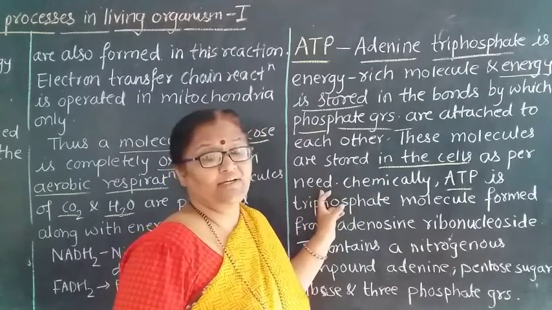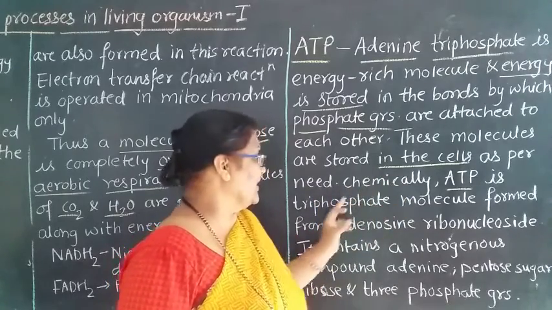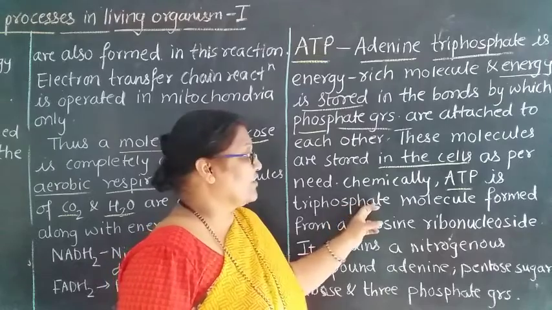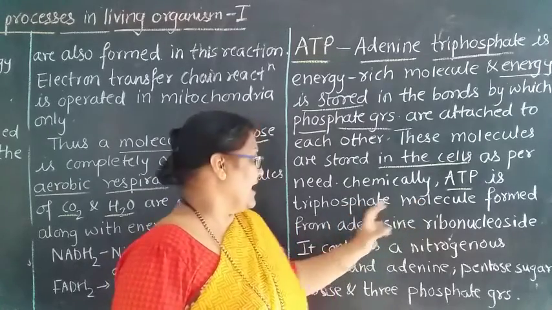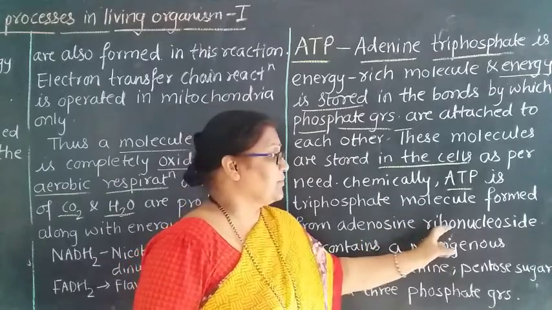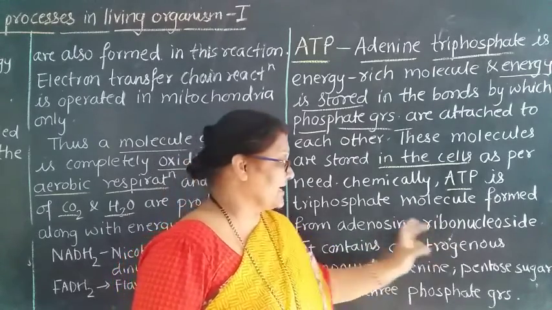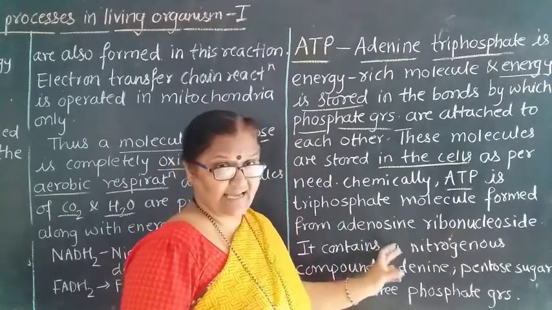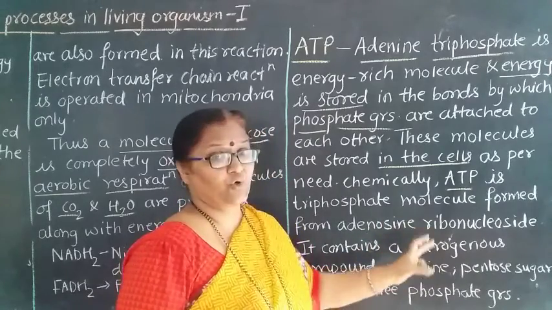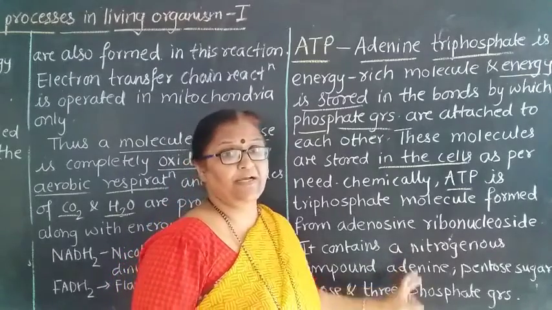Chemically, ATP is a triphosphate molecule formed from adenosine ribonucleoside. It contains nitrogenous compounds like adenine, the pentose sugar ribose, and 3 phosphate groups.